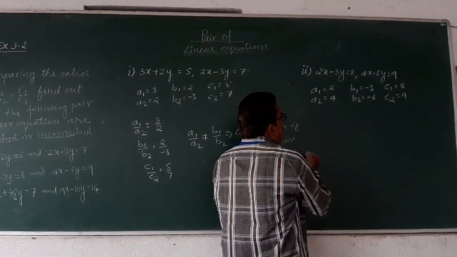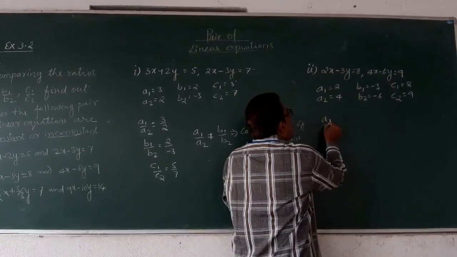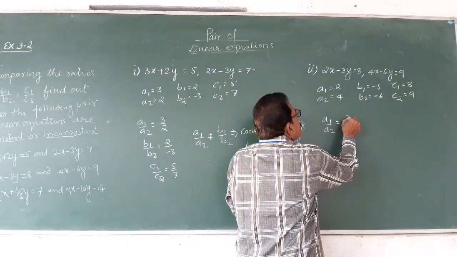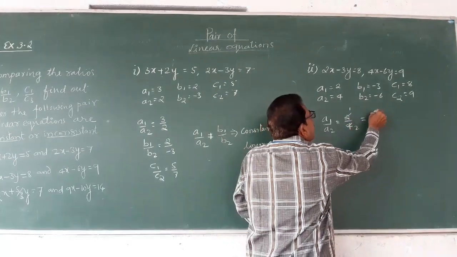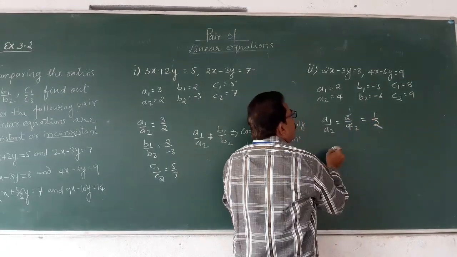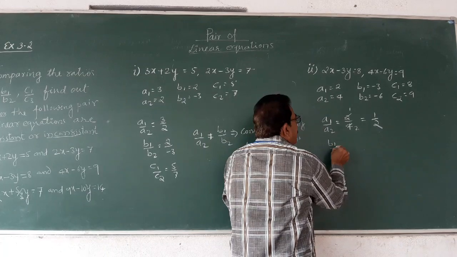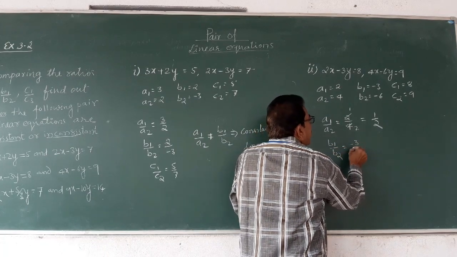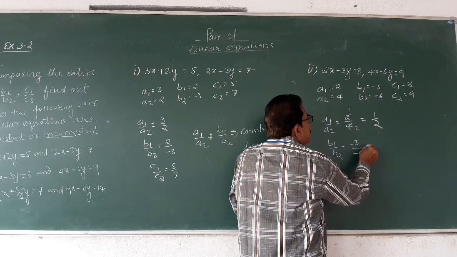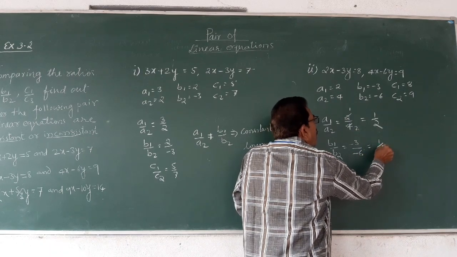Let us compare the ratios. a1 by a2 equals 2 by 4, that is equal to 1 by 2. Then b1 by b2 equals minus 3 divided by minus 6, that is equal to 1 by 2.